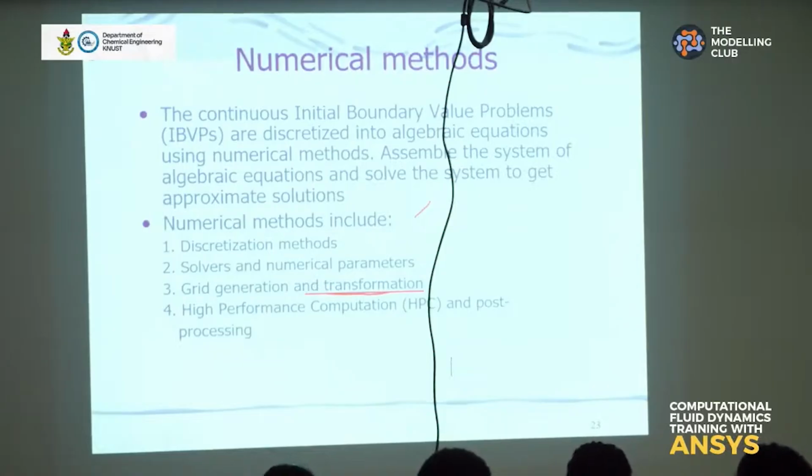So here, as you can imagine, depending on your discretization method, that would impact your solution. Depending on what solver or what numerical parameters you are specifying, that would impact your solution. Depending on how you are generating your grid, or if you are going to do any grid transformation, that would impact your solution. Depending on whether you're using high-performance computing and some post-processing application, that would impact your solution.